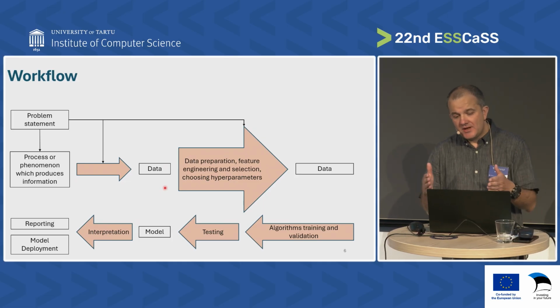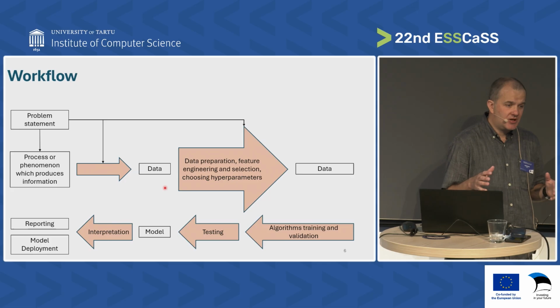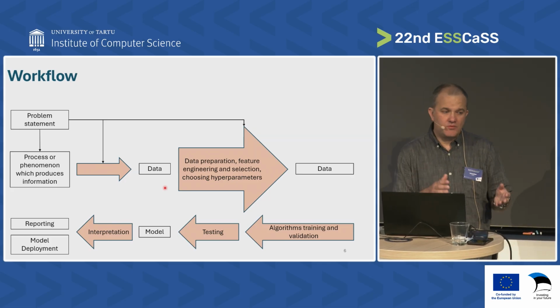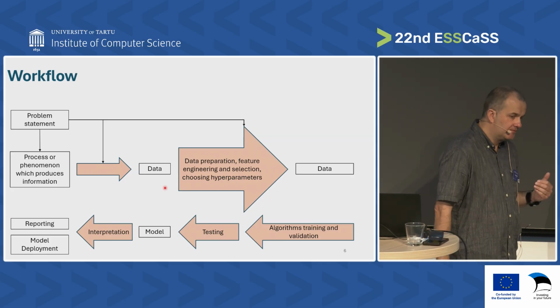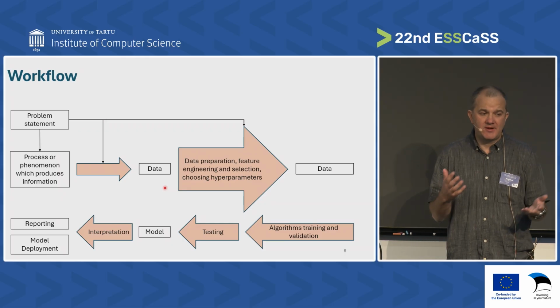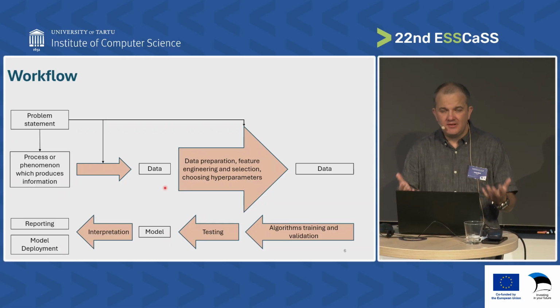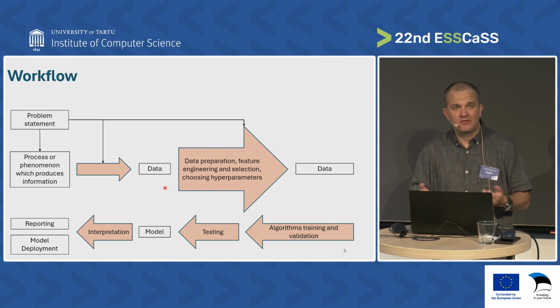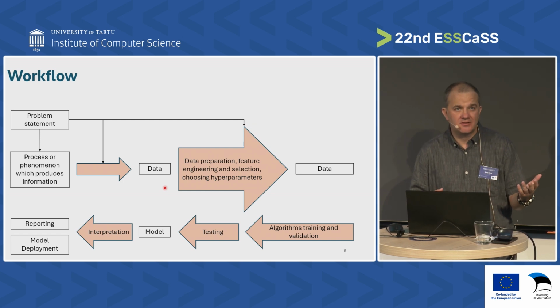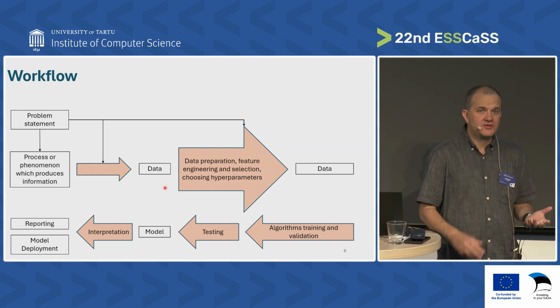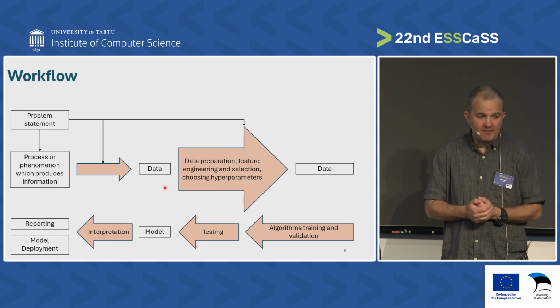So once we're satisfied with this part, we go to testing, where we test on some other data sets, or test already in the field, for example, trying to deploy our algorithms and give these algorithms to practitioners or to those who will work with them.